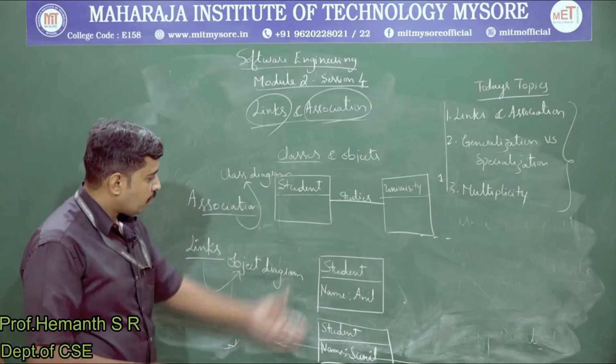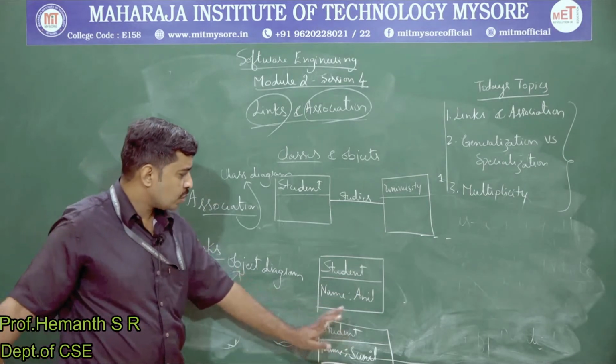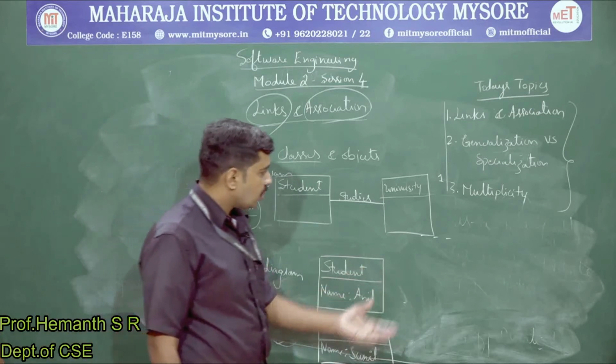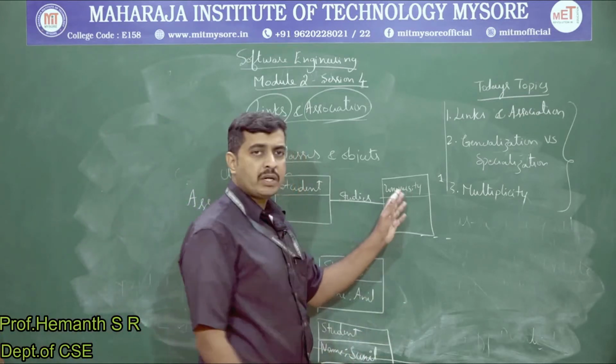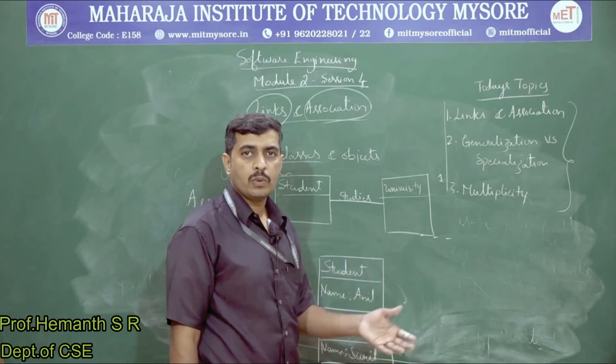Now in the specific example, Anil and Sunil are students. Students belonging to which university? So I'll create one more object. There can be hundreds of universities across the country or across the globe.